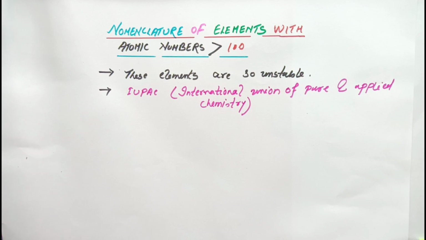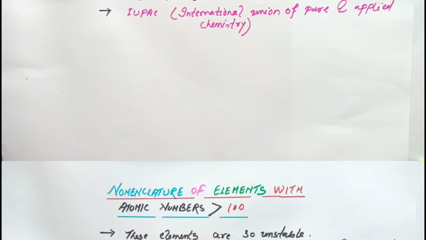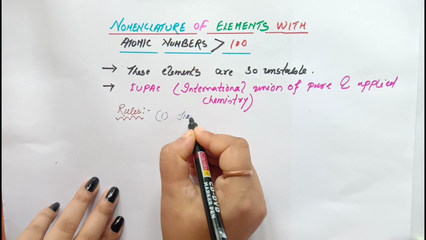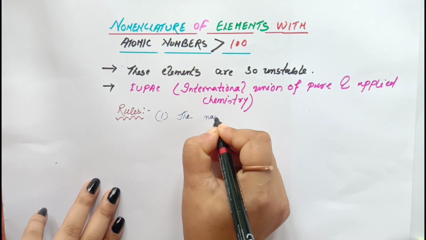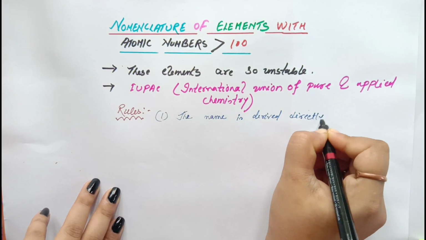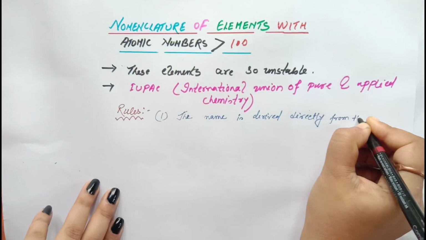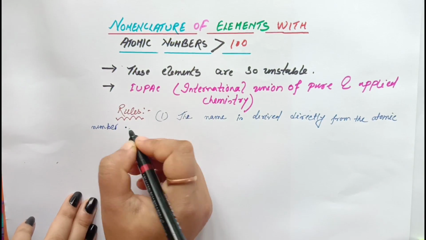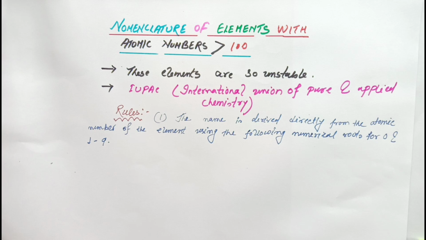That systematic naming followed some rules. So the first rule was what?